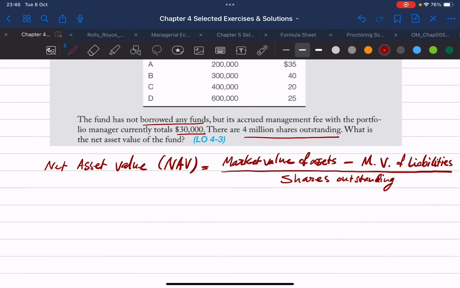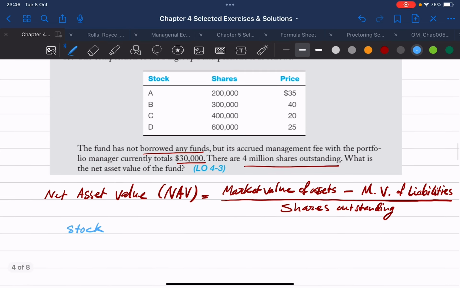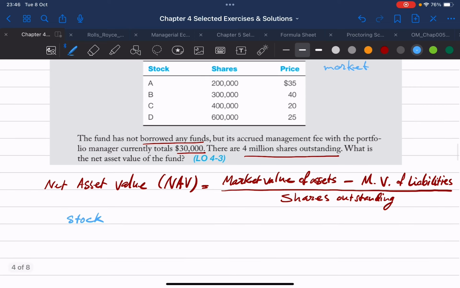So we can say stock, you don't have to do it this way, by the way. You can just calculate, or even go back here to the question and add one extra column that says market value, for example, per share. It's up to you. Okay, but we'll write it down here.